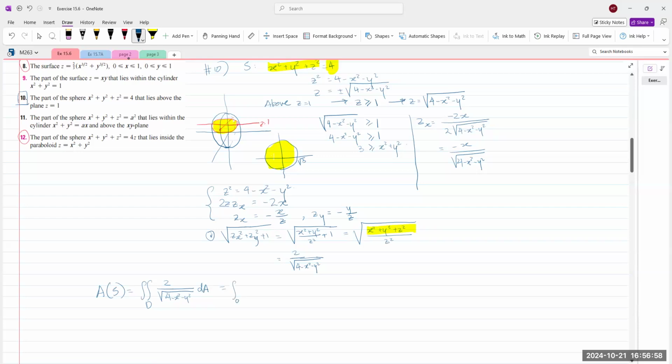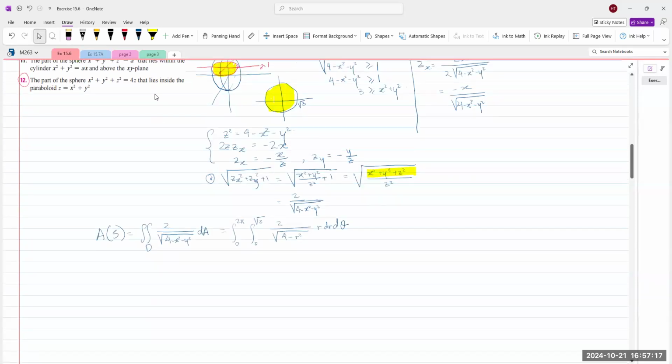So integral from 0 to 2 pi, integral from 0 to radical 3, 2 over square root of 4 minus r squared, r dr d theta, right? Notice that the integrand and the inner integral is independent of theta, so that will be just the length of the interval, 2 pi, integral from 0 to radical 3 of 2r dr over square root of 4 minus r squared.